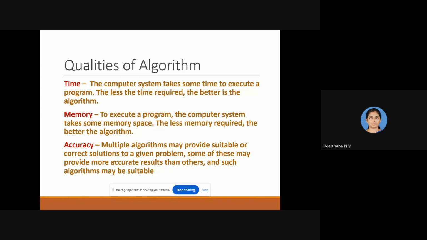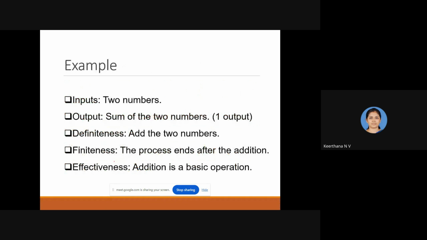That's why an algorithm takes very little memory. The third one is accuracy. If your algorithm is precise, unique and effective, then your coding will also have 100% accuracy. With the help of an algorithm, every programmer can code a solution with 100% accuracy.